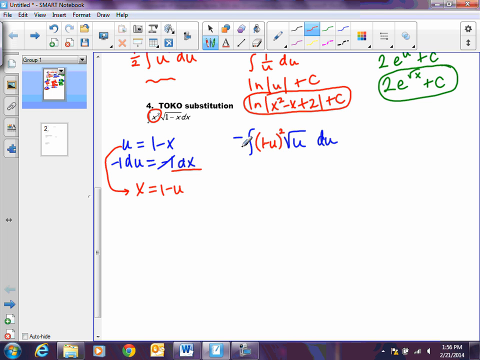Okay? But let's talk just briefly. What generally do I need to do with this before I integrate? What do I need to do with this square root of u? u to the 1/2. What do I need to do with this 1 minus u squared? Expand it, and then I need to distribute.